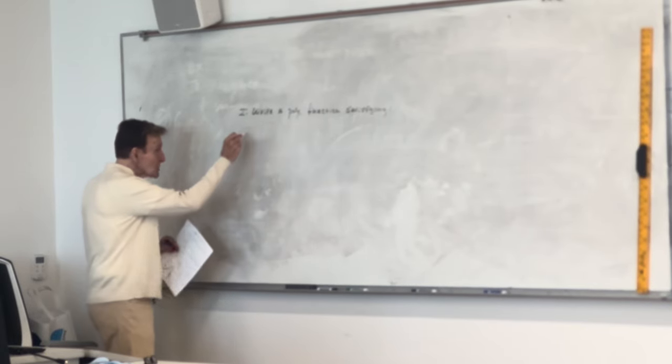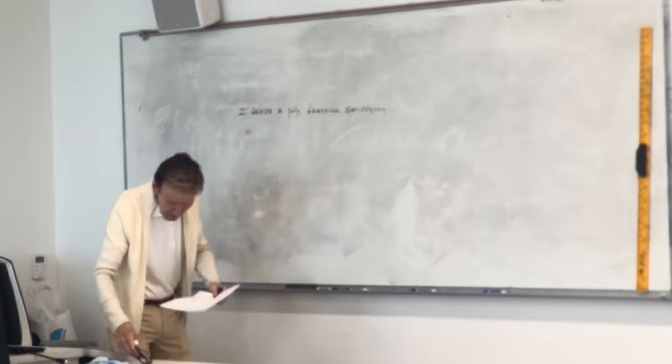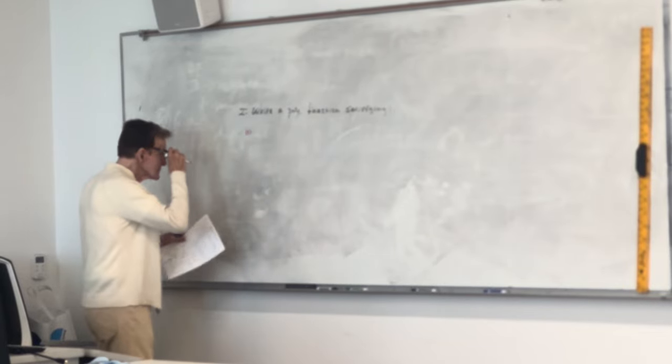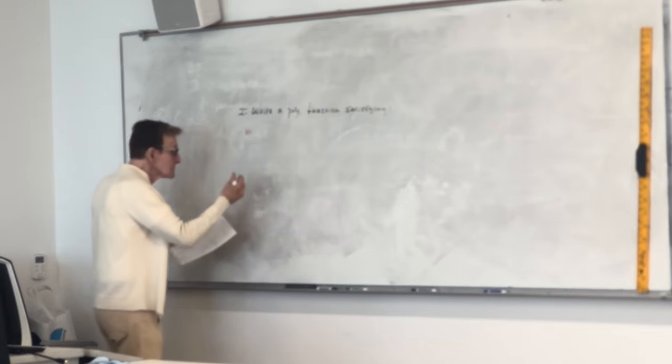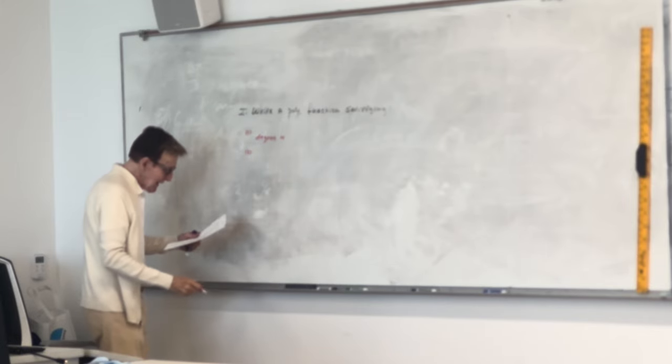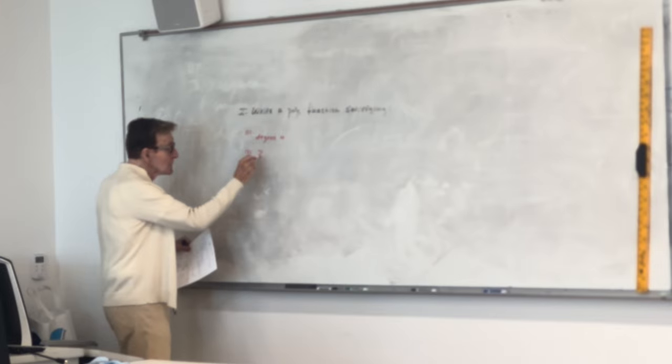I have these conditions to look at. First, I want the degree to be 4. Secondly, the zeros are given to me like this: I've got 3 minus 2i, and I've got 4, which is going to be a multiple answer.